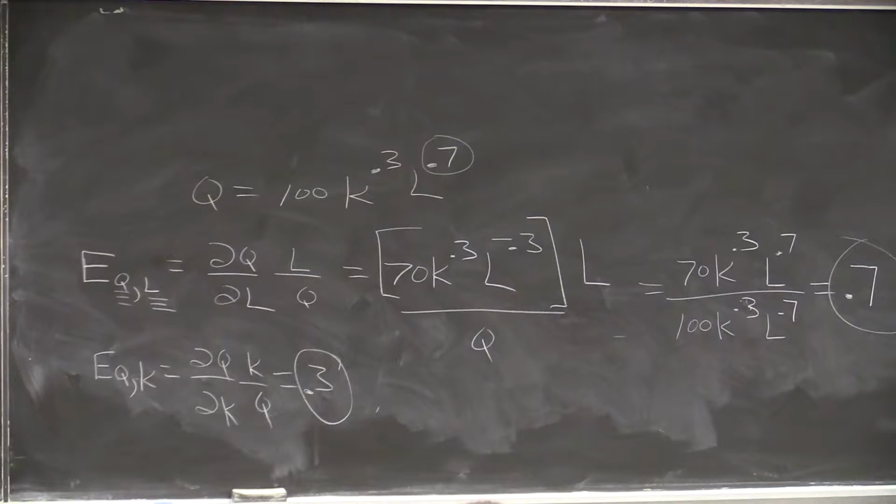Would this trick still hold true if 0.3 was 2 instead? Yes. Then the elasticity would be 2. That would be okay. It's still constant, but it would be 2 rather than 0.3. Then that would mean if capital increased by 1%, output would increase by 2%, twice as much. But in the Cobb-Douglas, those exponents are restricted to be between 0 and 1.